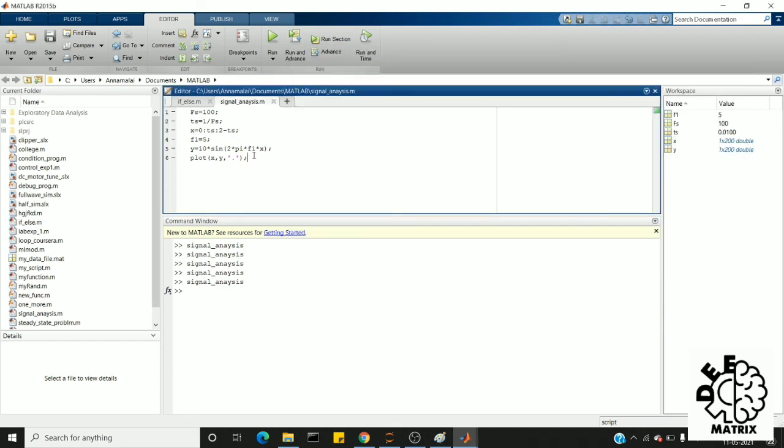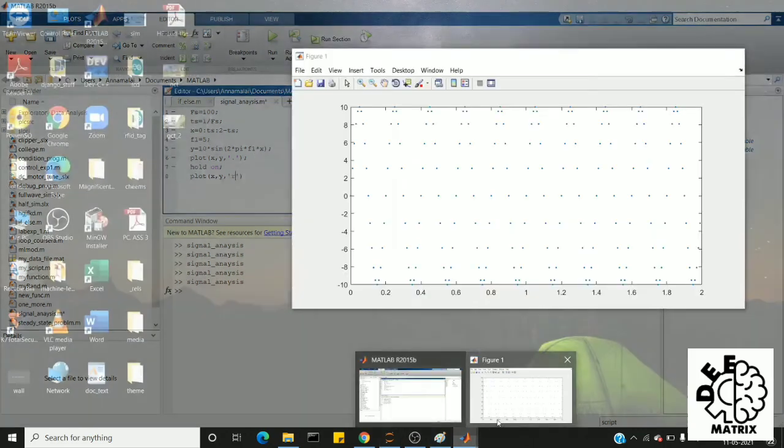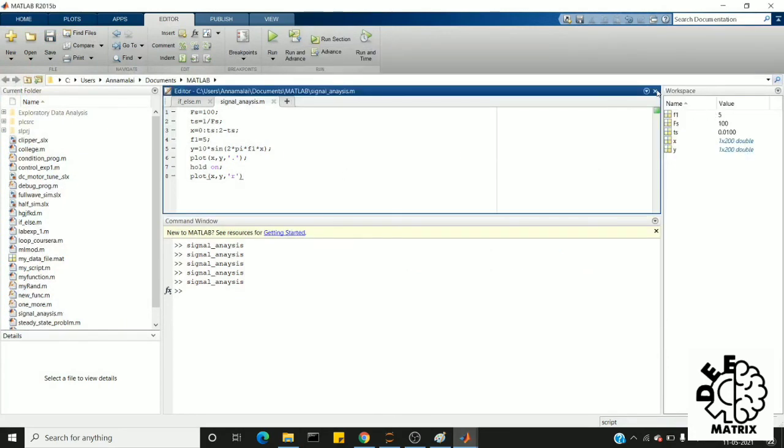We can also connect it with the help of the hold off function. Hold on. Now plot x comma y comma red color. Before that, we undock it.